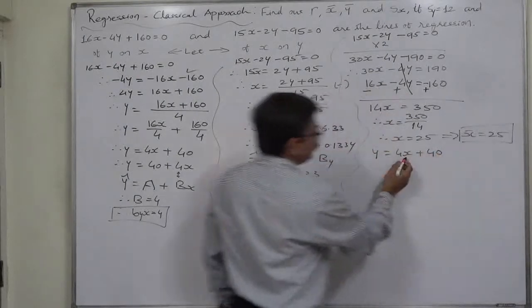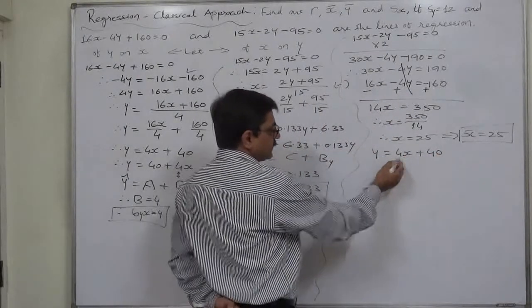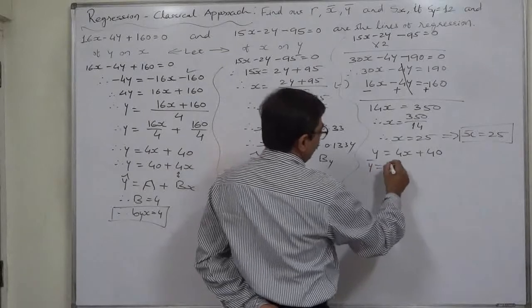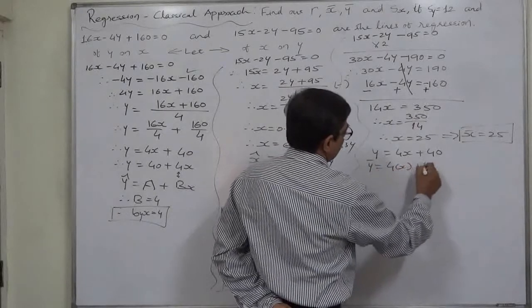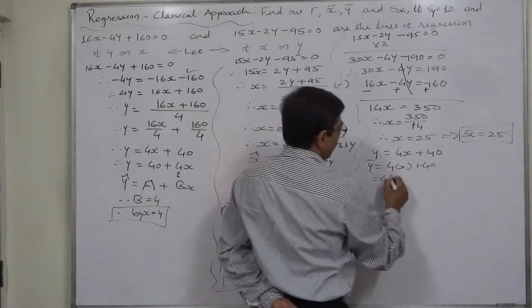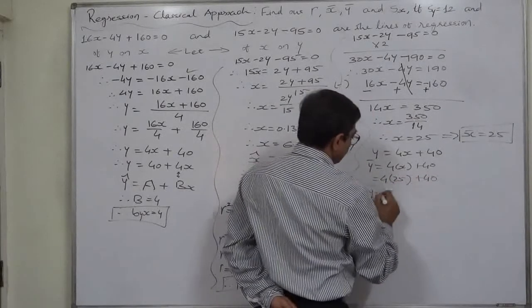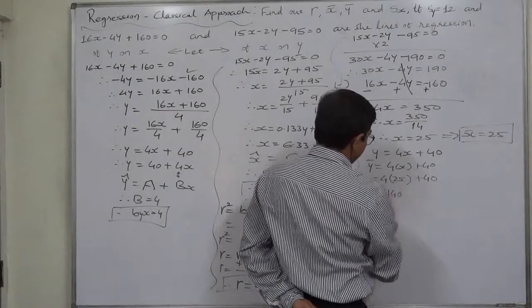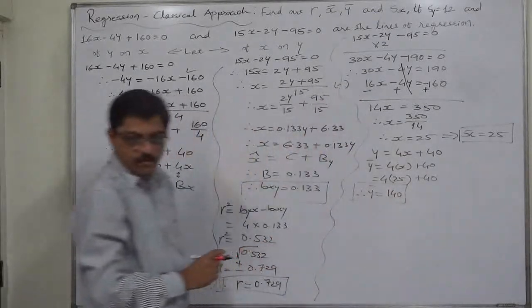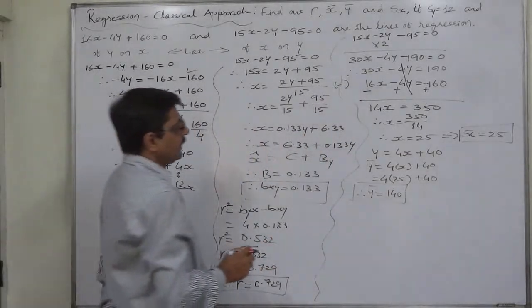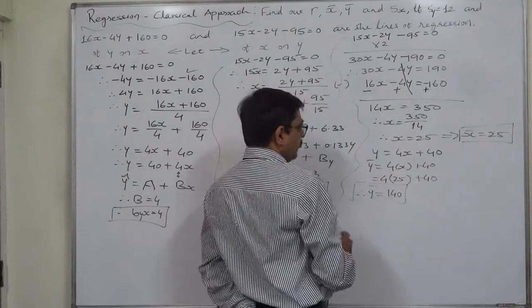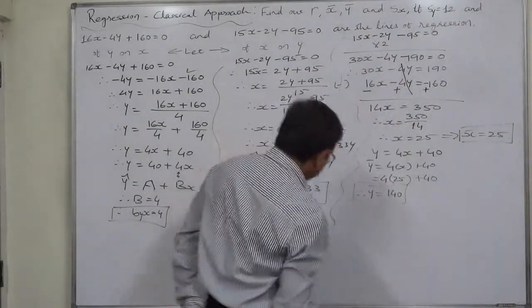If we substitute the mean of x, the result will be the mean of y. So y bar comes to 140. Thus we have both the means.